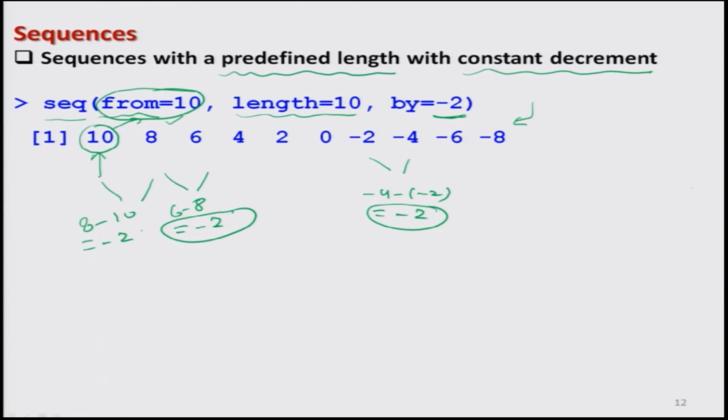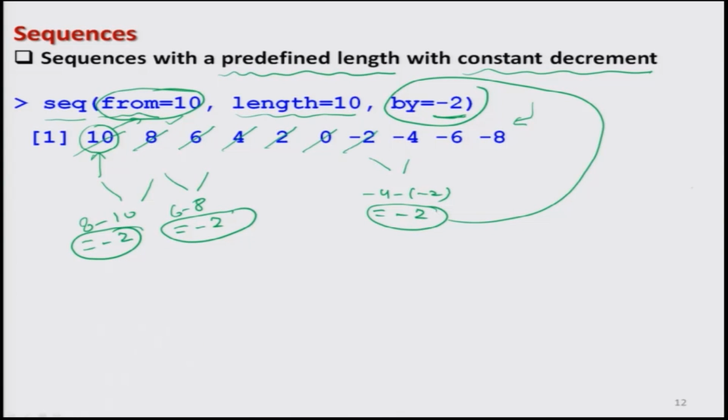This is the constant increment, and the values I am getting are 1, 2, 3, 4, 5, 6, 7, 8, 9 and 10, and this is the length of the sequence, where I get 10 values starting from 10 at a decrement of -2.